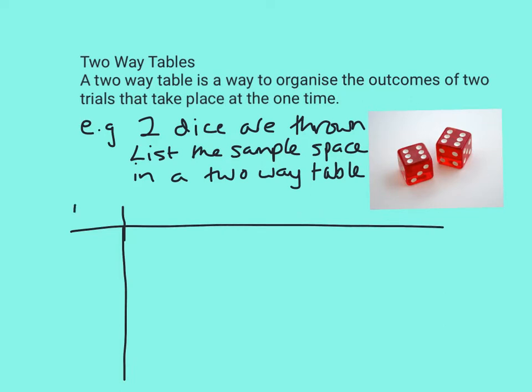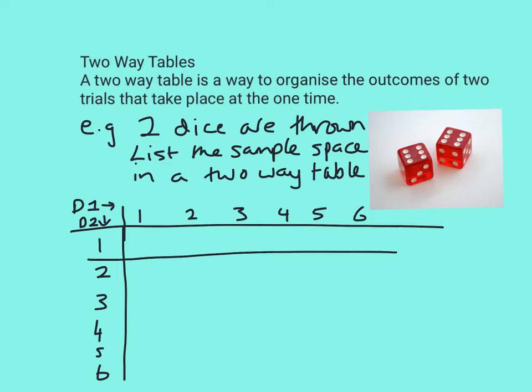So let's say we'll call this dice 1. We'll go across here. So we have 1, 2, 3, 4, 5, 6. And then dice 2 will go down this way and we have 1, 2, 3, 4, 5, 6.